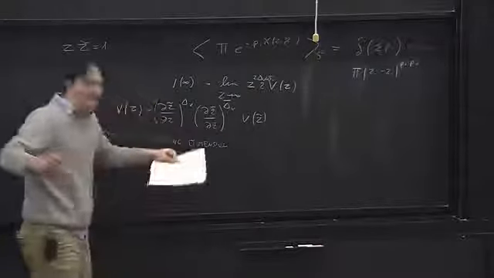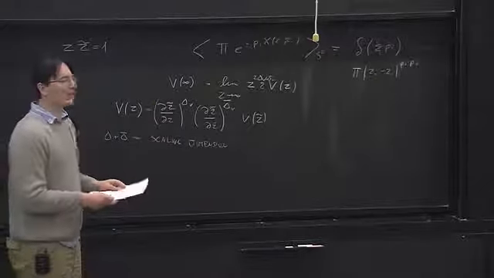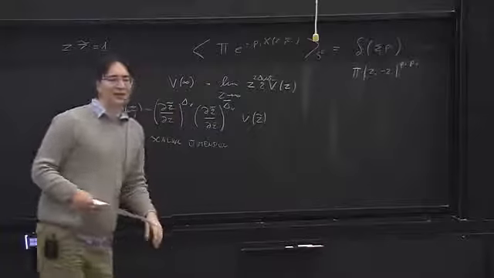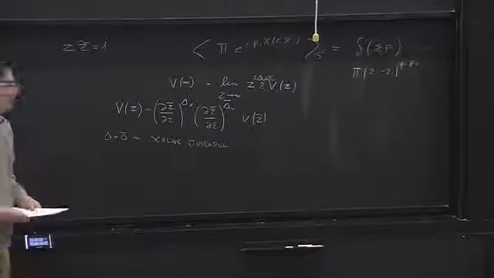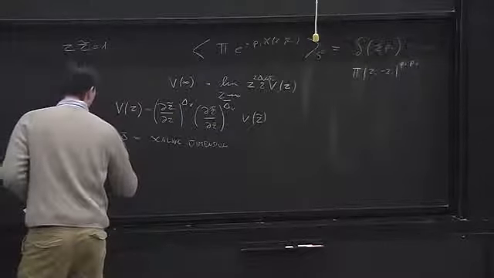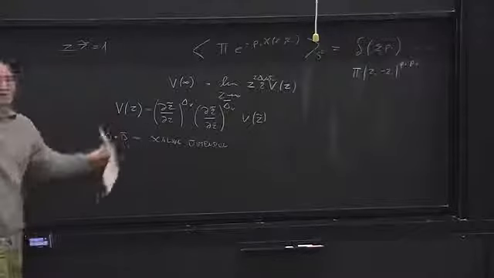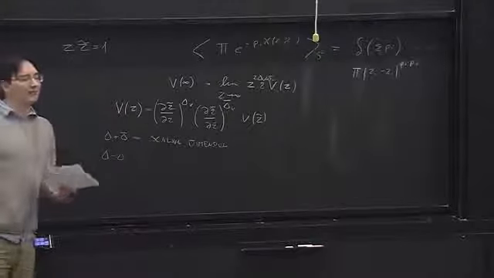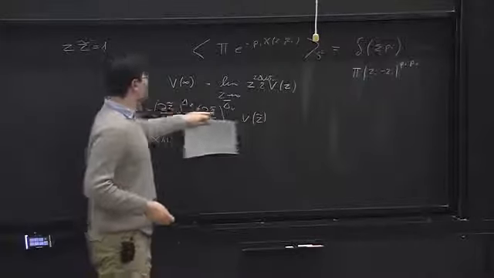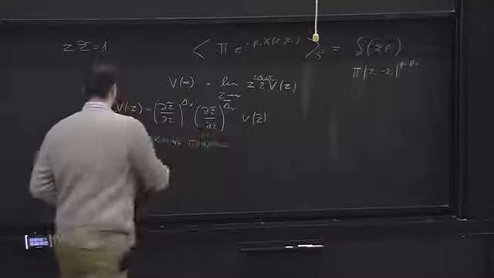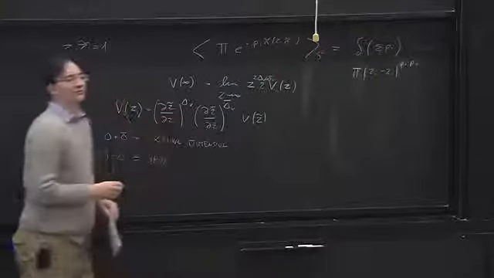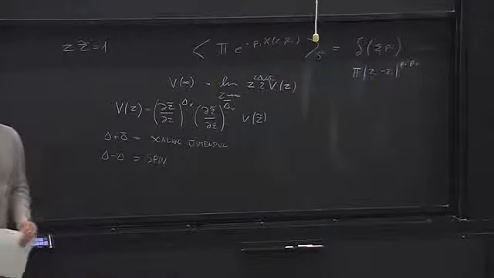If I scale my space-time, the operator gets multiplied by the change in the scale to the delta plus delta bar. On the other hand, delta minus delta bar controls the behavior of the operator under rotations. Suppose I do z goes to e to the i alpha z. I get opposite factors from z and z bar. So this is the spin of the operator.